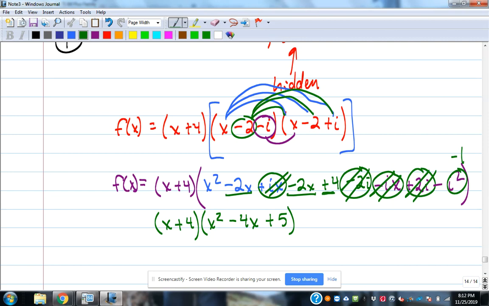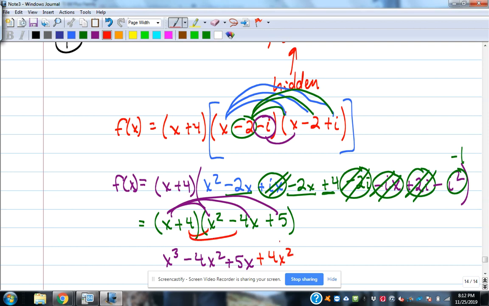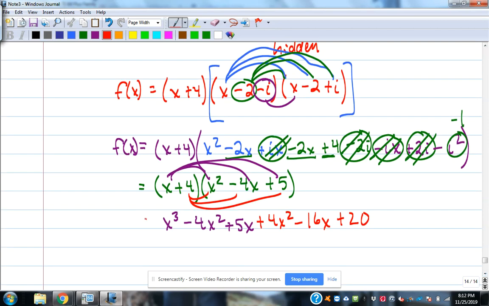Let's finish it up by distributing x plus 4 to that. So that'd be x cubed minus 4x squared plus 5x. Already done the x's. Let's do the 4's. Plus 4x squared minus 16x plus 20. Here's our function.